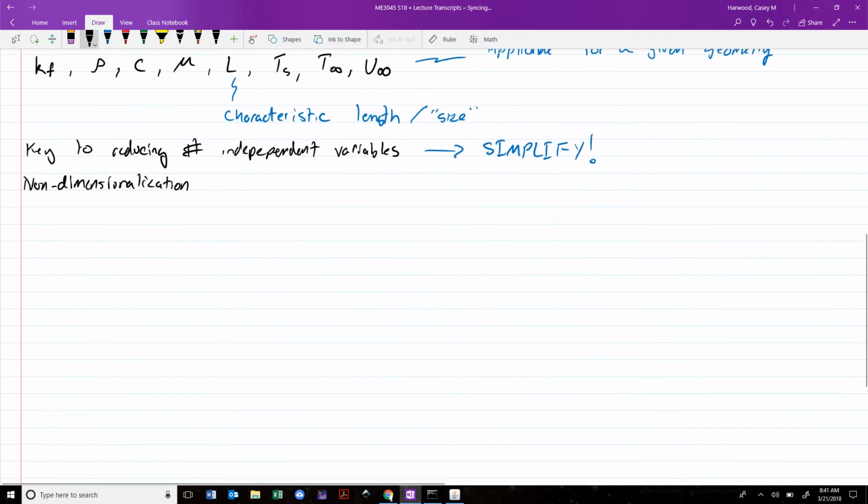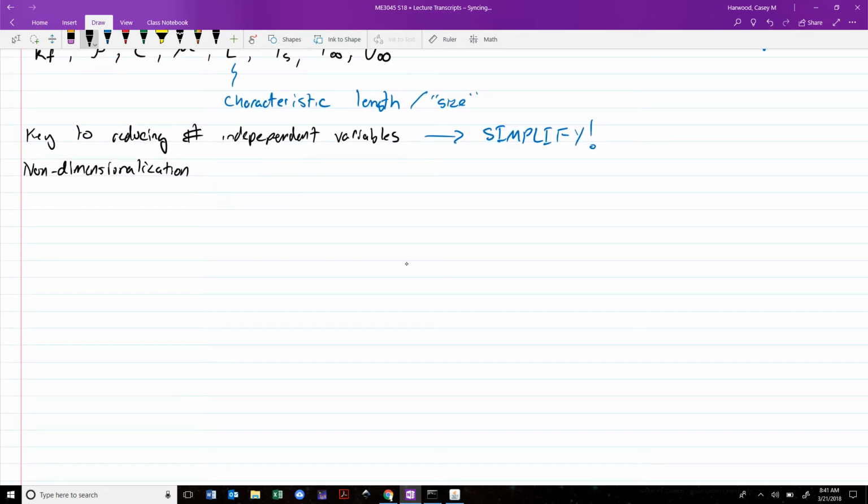So step one is to select a set of characteristic variables. What I mean by characteristic variables are the broad strokes variables that we think are going to be important to the problem.